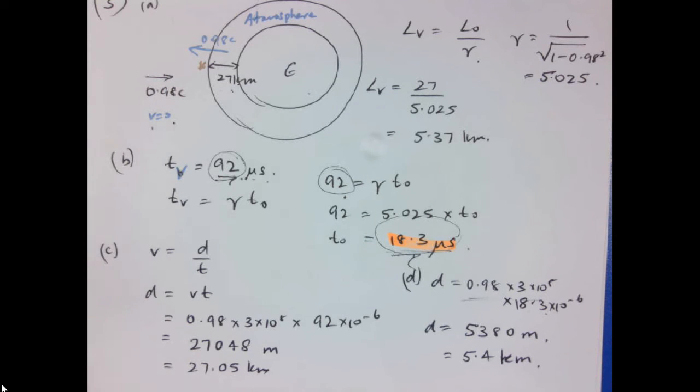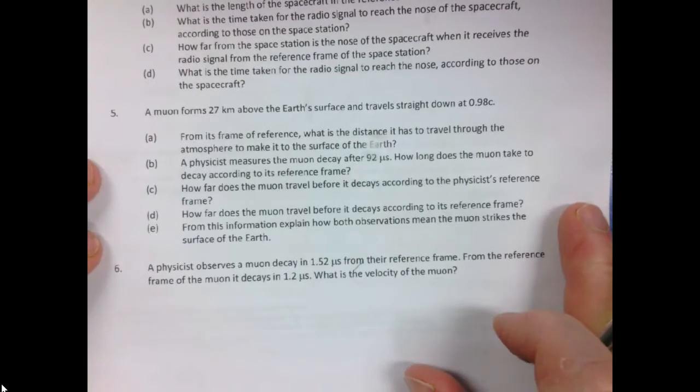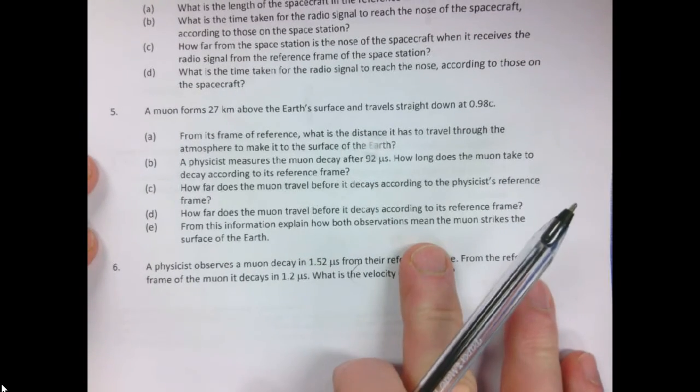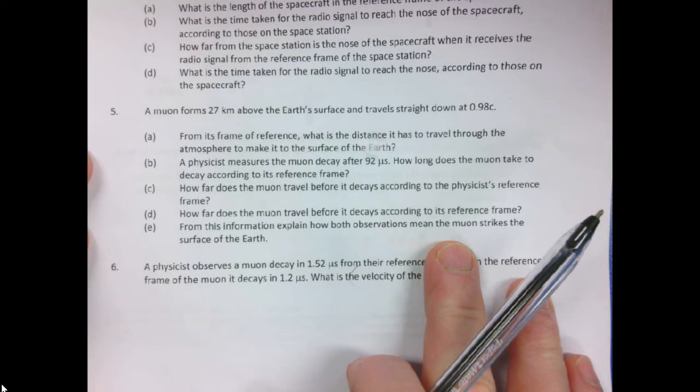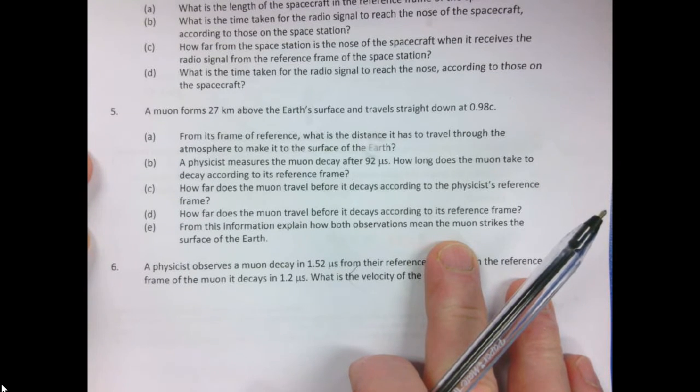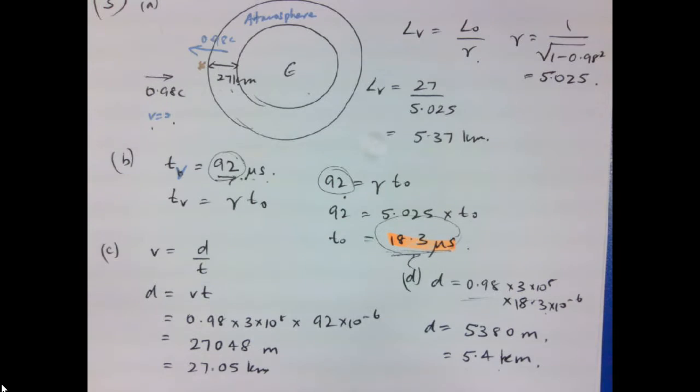So in our reference frame, it will travel 27 kilometers. In its reference frame, it will only be traveling 5.4 kilometers. Using this information, how does it explain how both observations mean the muon strikes the surface of the Earth? Well, from our reference frame as the physicists, we see it go all the way through the atmosphere, which in our reference frame is 27 kilometers.